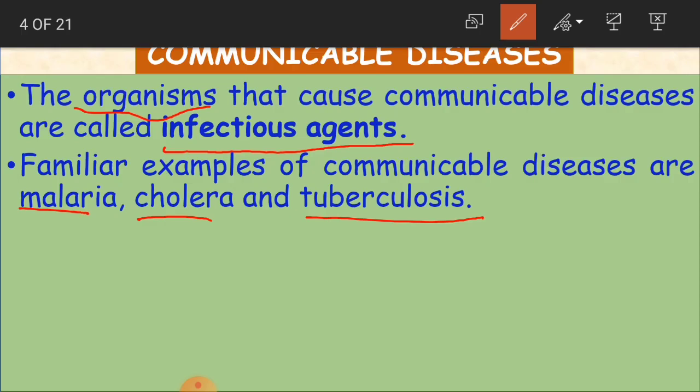In the sense, if you are near an infected person, suppose he has malaria, cholera, or tuberculosis, these types of diseases spread very easily to other persons also. Okay, children, and these communicable diseases are caused by some infectious agents.